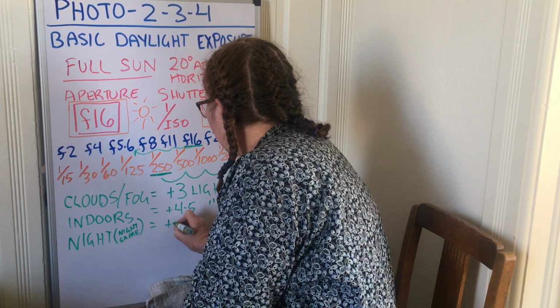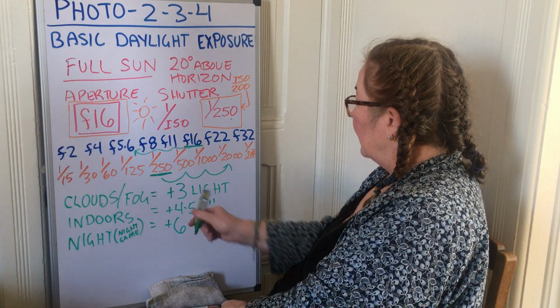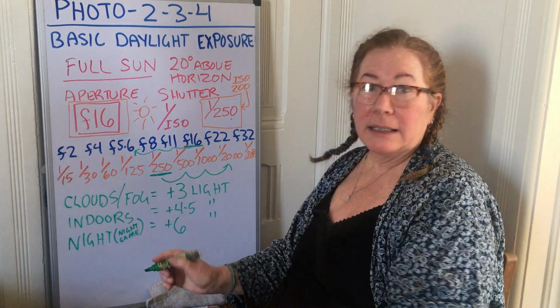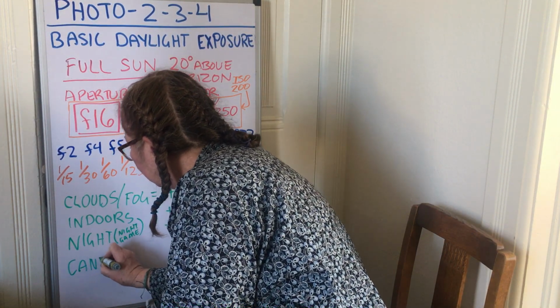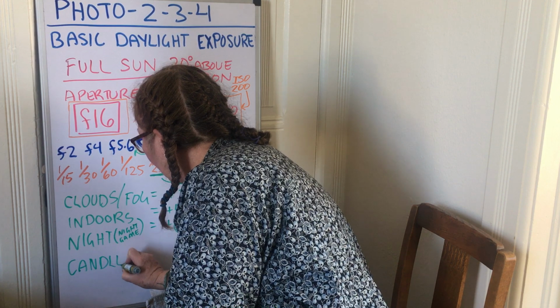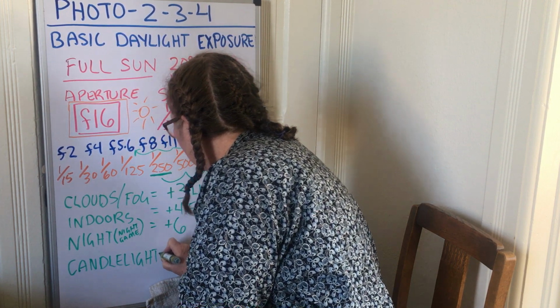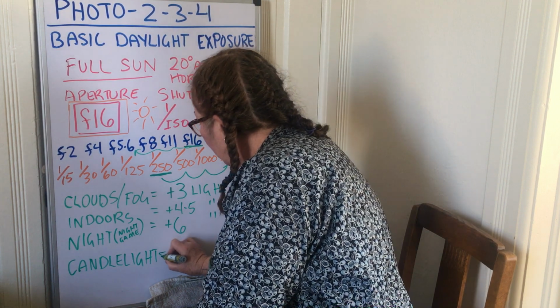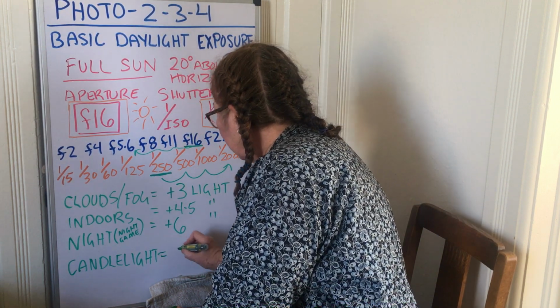You can just add 6 stops more light, right, to get that same correct exposure. If you're doing candlelight, and believe me, there's times when you're going to want to do this, you're going to want to know what exposure you need to get a correct exposure.